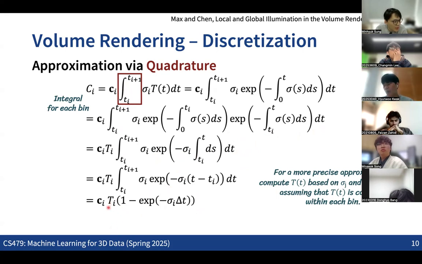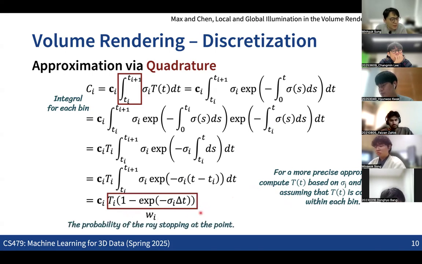Then we have the Ti, the transparency until the beginning of that bin. And we also have the additional term, calculated by taking the integral of the transparency within that bin. So we have this additional term because we assume the transparency is not constant, but the other two terms are constant, okay?